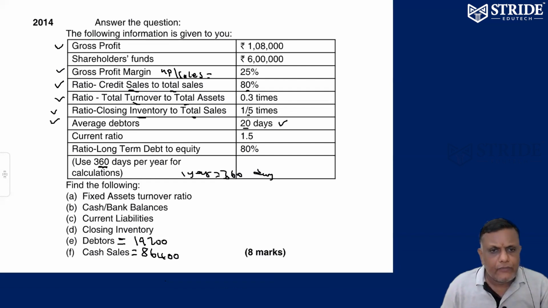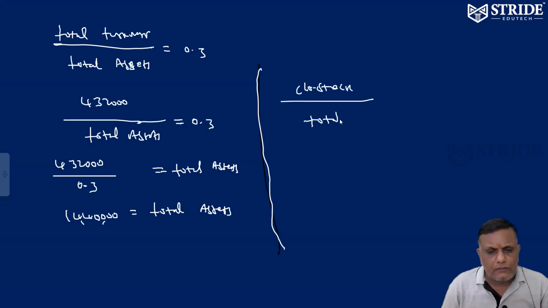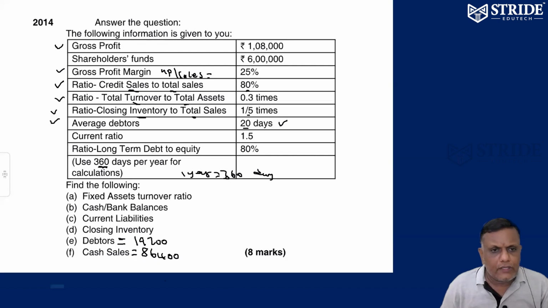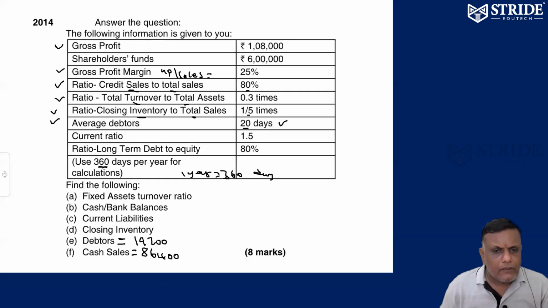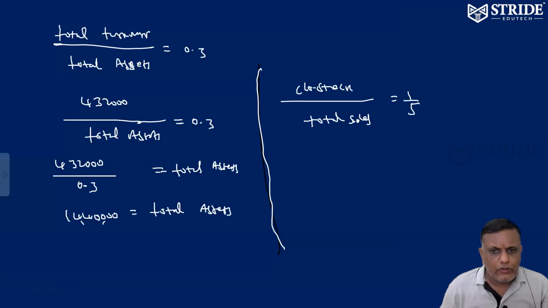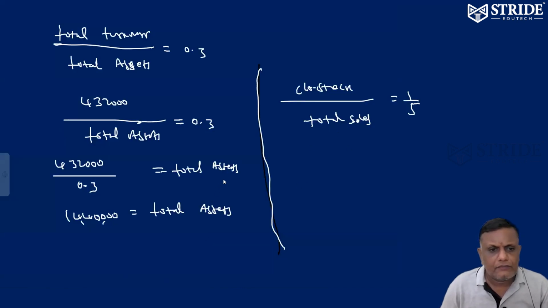Closing stock by total sales is 1 by 5. Please check it out. So closing stock by total sales is equal to 1 by 5.